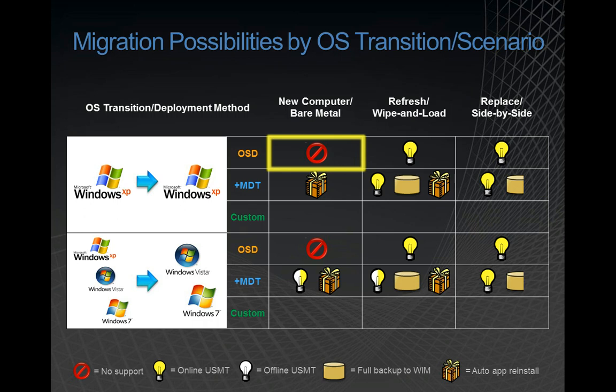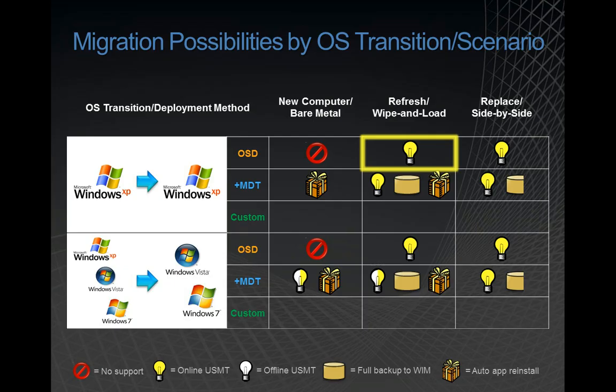For the XP to XP refresh scenario, OSD does have support for capturing and restoring user data and settings with the user state migration tool of version 3.0. We must use version 3.0 of USMT because we cannot use the latest version, version 4.0, to restore a user state to an XP system.